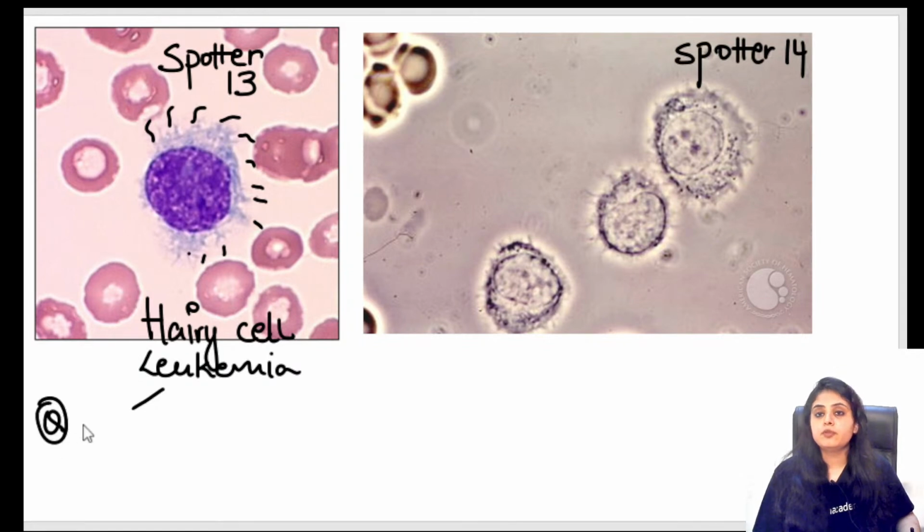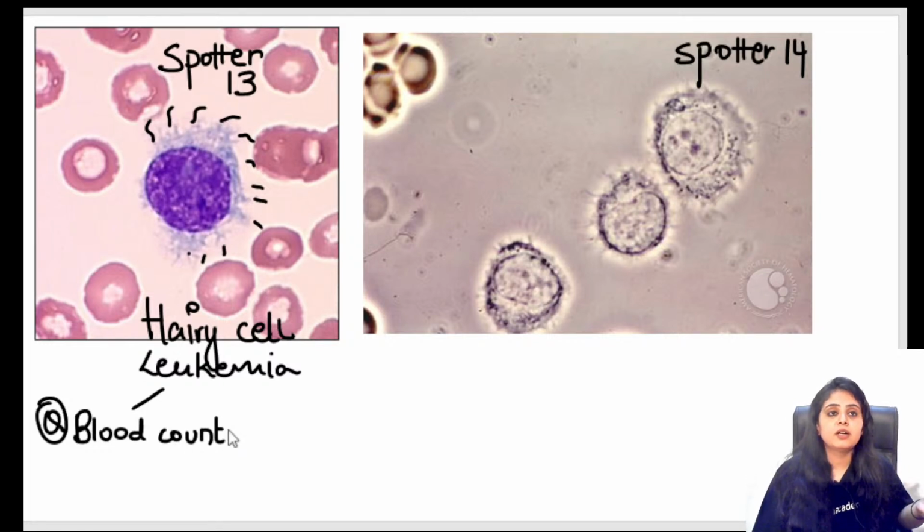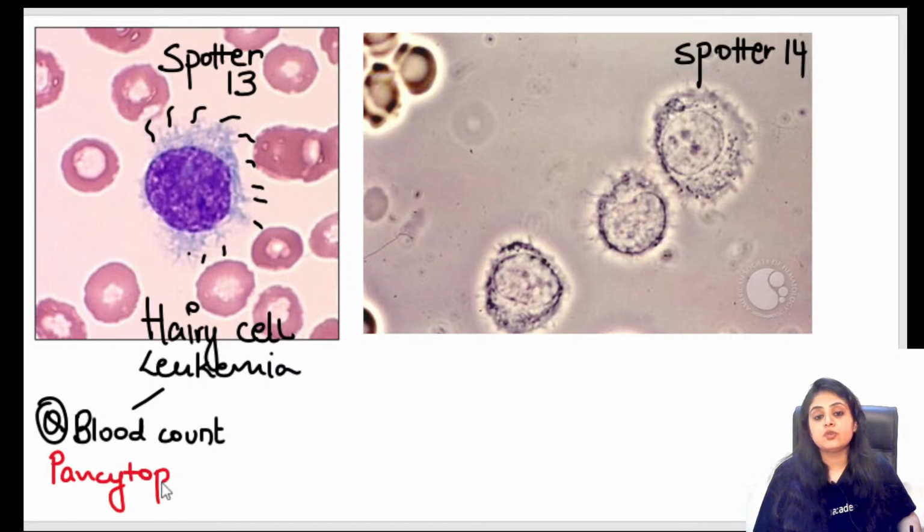What will the blood profile or the blood counts of hairy cell leukemia be? Blood counts will be high, blood counts will be low, or will they be normal? Hairy cell leukemia presents as low blood count. It presents as pancytopenia. Very good. What do I mean by pancytopenia? Everything has gone down.